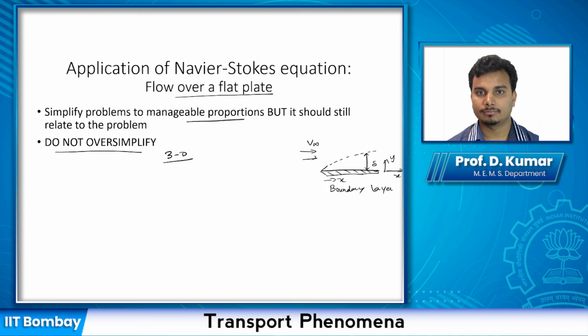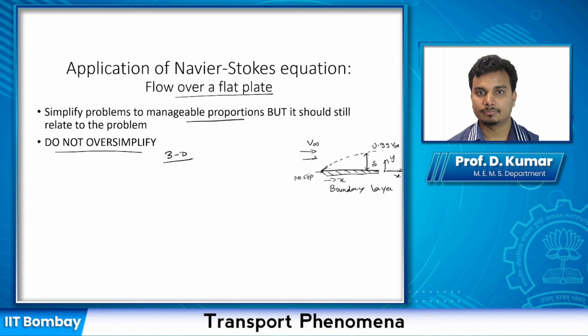From our description of the problem discussed earlier, here you have zero velocity because of the no slip condition, and the boundary layer is defined as the locus of points having velocity equal to 99% of v infinity.